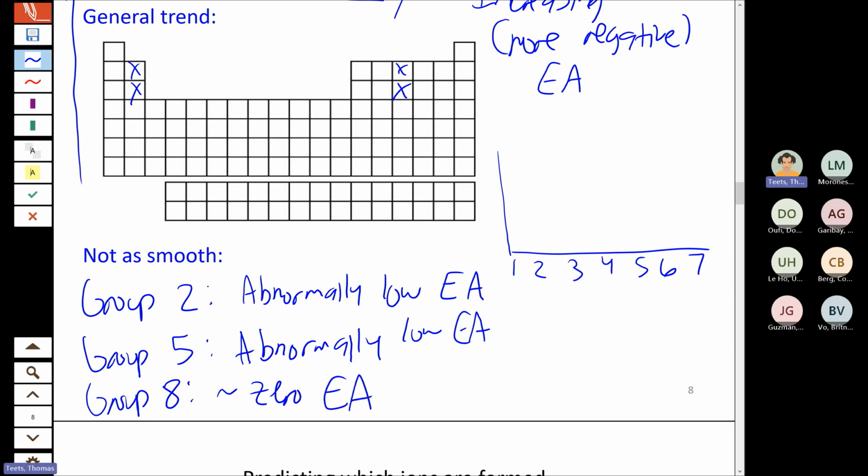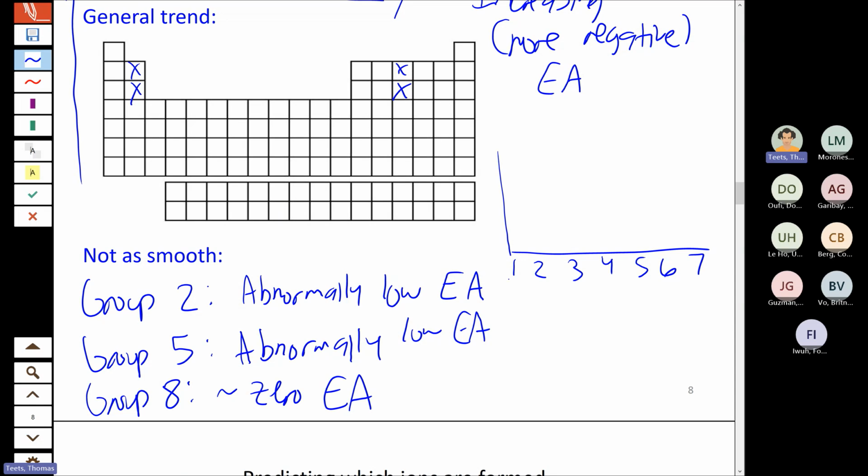Those noble gas configurations where you have s2p6, those are the most stable electron configurations. So they don't want to lose electrons. They have really high ionization energy. They also don't want to get any more. So they basically have 0 electron affinity. There's no desire for them to pick up an extra electron. But that's not going to really come into play. We're mostly going to just compare the other 7 groups, 1 through 7.